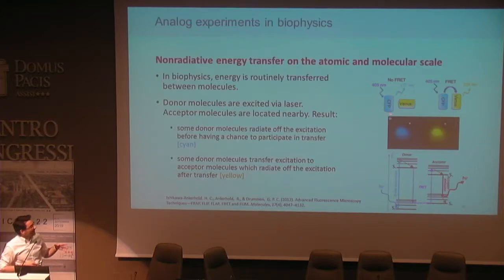Or if you don't have a suitable acceptor around, the same molecule will emit the excitation. Here you have some examples from experiments in biophysics where you have the different frequencies emitted from different molecules that either undergo transfer or do not. Here's the corresponding energy diagram. Keep that in mind, we'll see very similar diagrams on the nuclear level, even though this is on the molecular level.